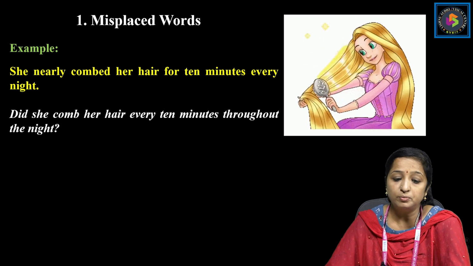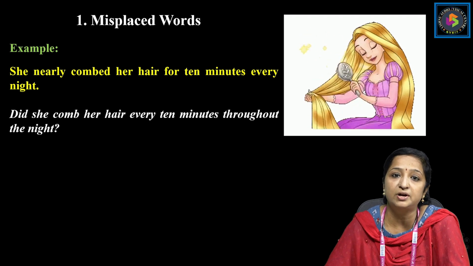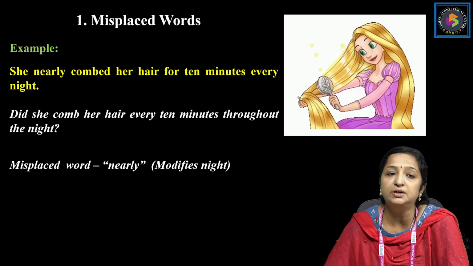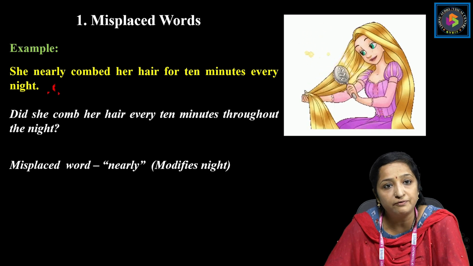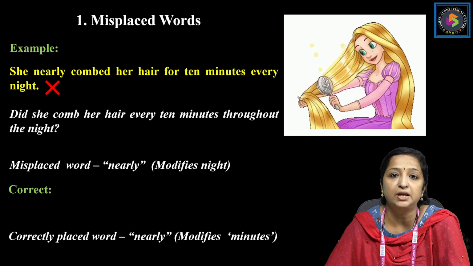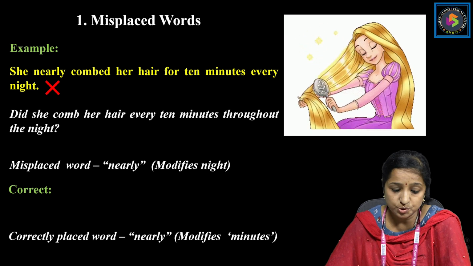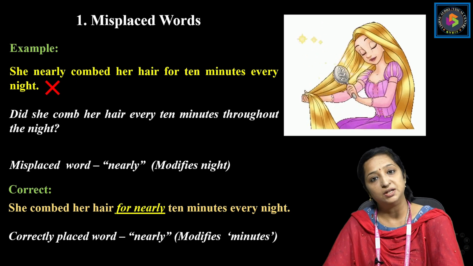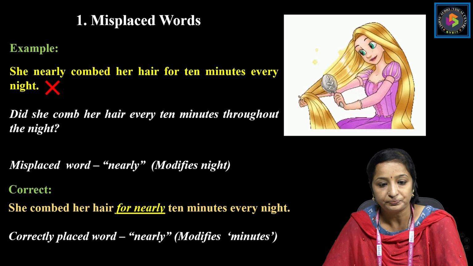So, did she comb her hair every 10 minutes throughout the night? No, it's not possible. Here the misplaced word is nearly, which is modifying the night instead of the time, that is 10 minutes. So, the correct one is, she combed her hair for nearly 10 minutes every night.